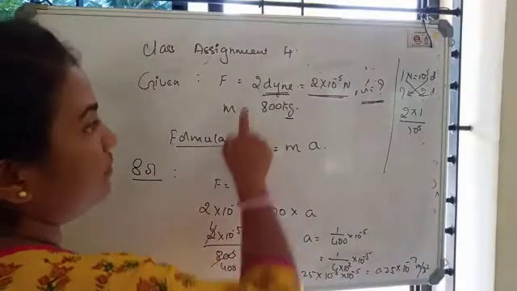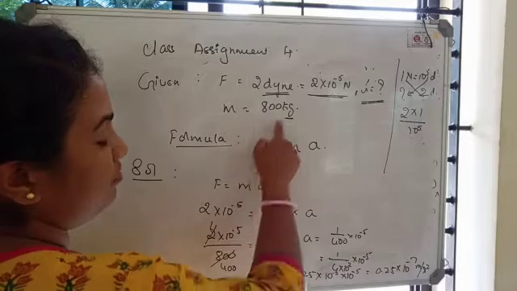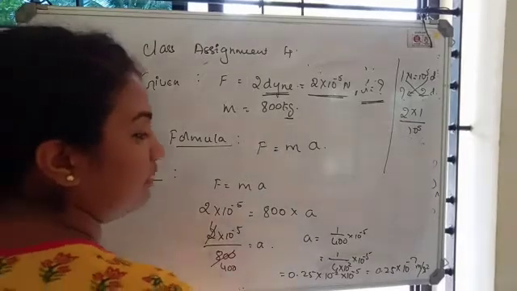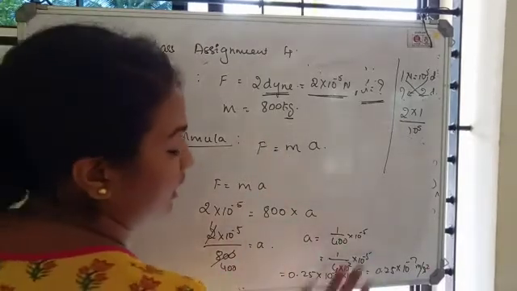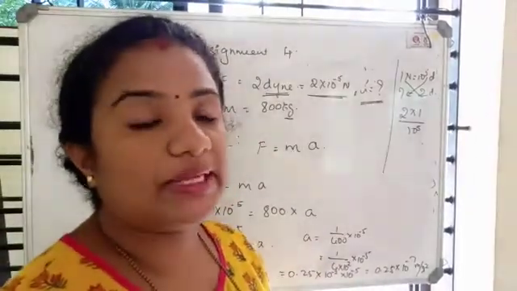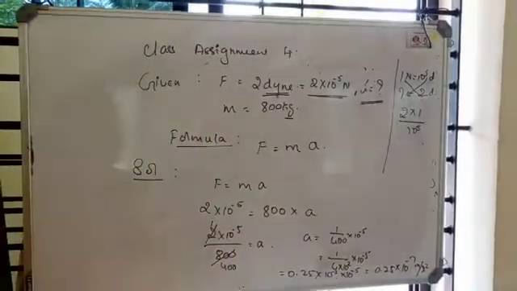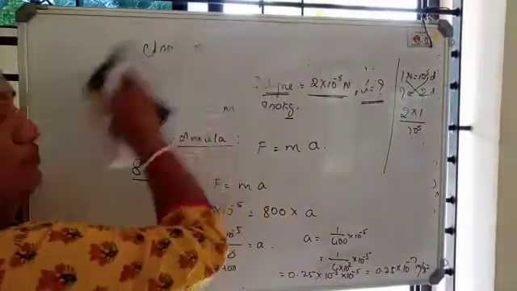After conversion we substitute the value in the place of F, and in the place of M, 800 is substituted. Then by simplification you find the value of A. So the value of A is 0.25 into 10 raised to the power of minus 7 meter per second square. Now let us go for the next, second question.